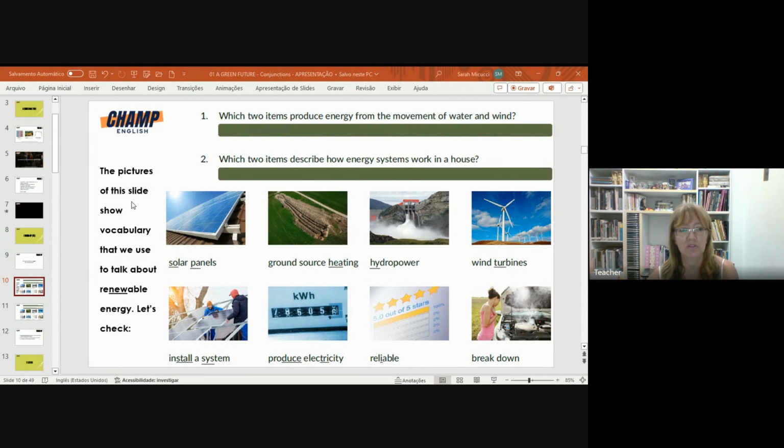The pictures of this slide show vocabulary that we use to talk about renewable energy. Let's check. So look at all these types of energy. We have solar panels, ground source heating, hydropower, wind turbines, install a system, produce electricity, reliable, and breakdown.